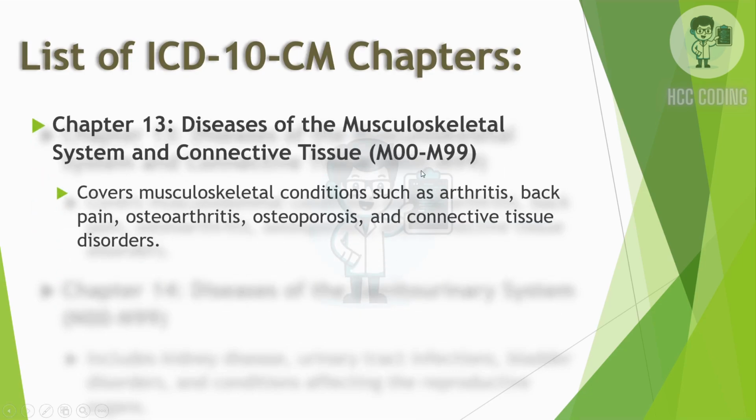Coming to chapter 13, which is nothing but diseases of the musculoskeletal system and connective tissue, where the code category starts from M00 to M99, it covers all musculoskeletal conditions such as arthritis, back pain, osteoarthritis, osteoporosis, and all connective tissue disorders will be covered under chapter 13.